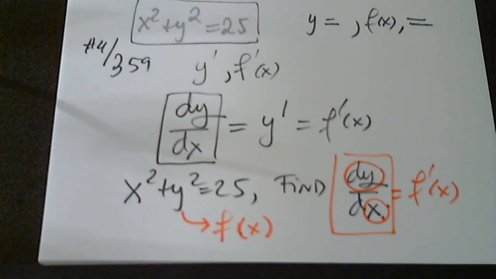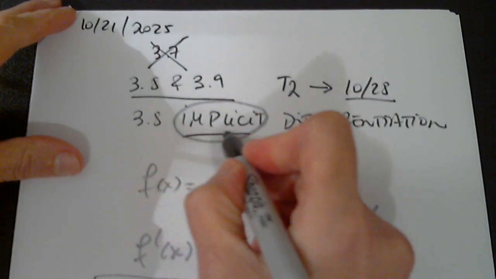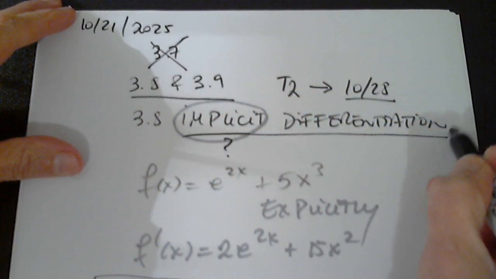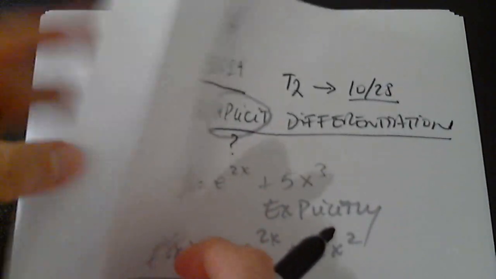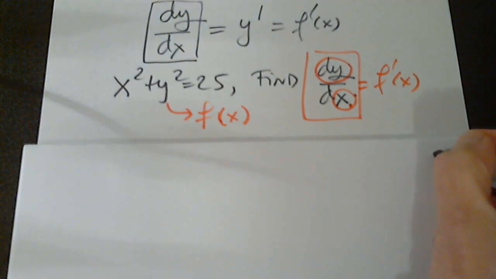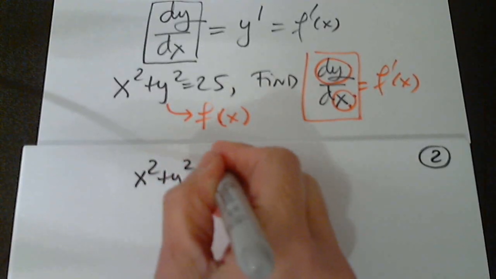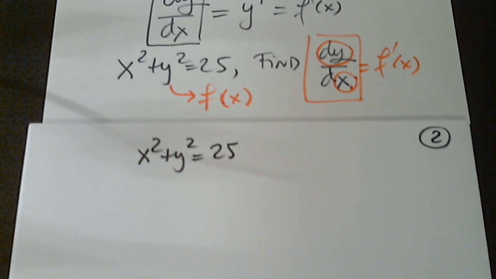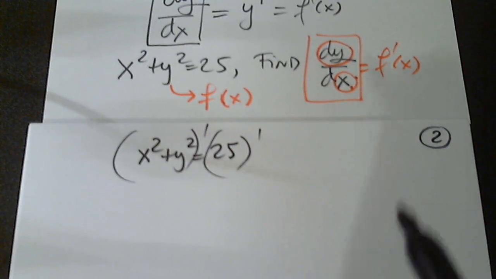So here is how we find dy over dx by implicit differentiation. Again, x squared plus y squared equals 25. I differentiate the left-hand side and I differentiate the right-hand side.